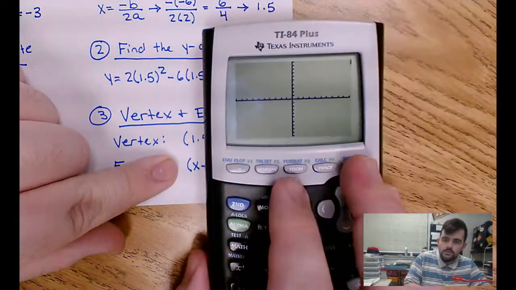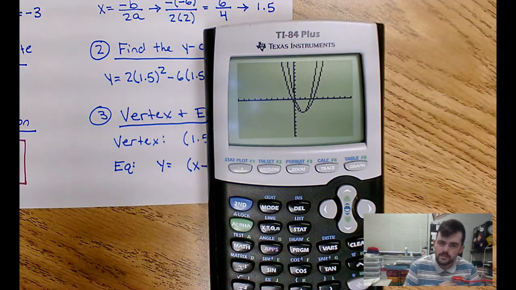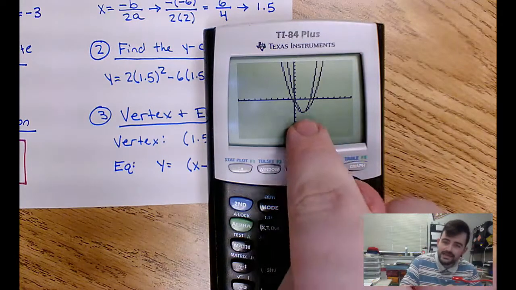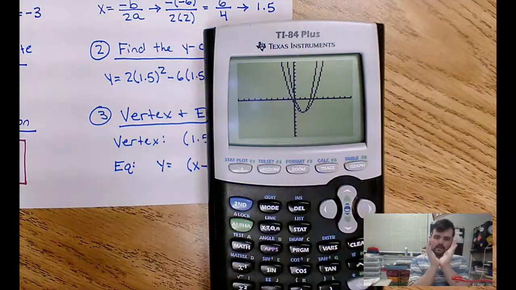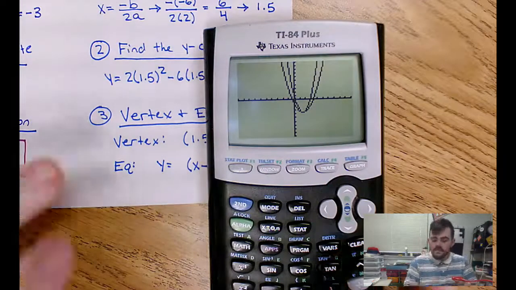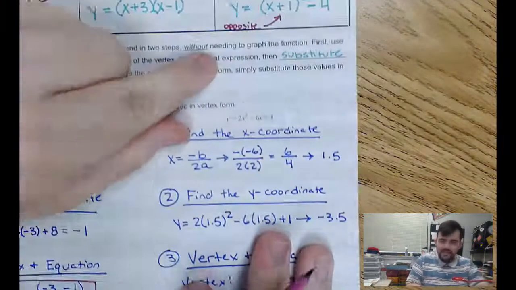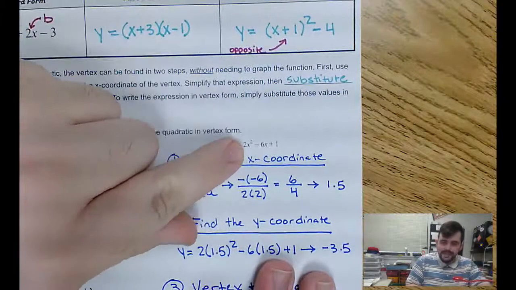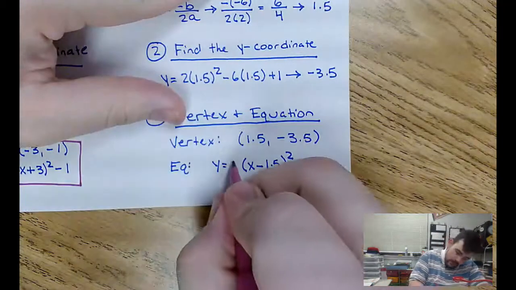When I look at my two graphs, I'm going to get this parabola and then almost the same parabola. You'll notice that the vertex is in the same place, but that second parabola is just a little bit further out. The thing that we're missing here is a. If the value of a is there, 2, we need to just put it right here.